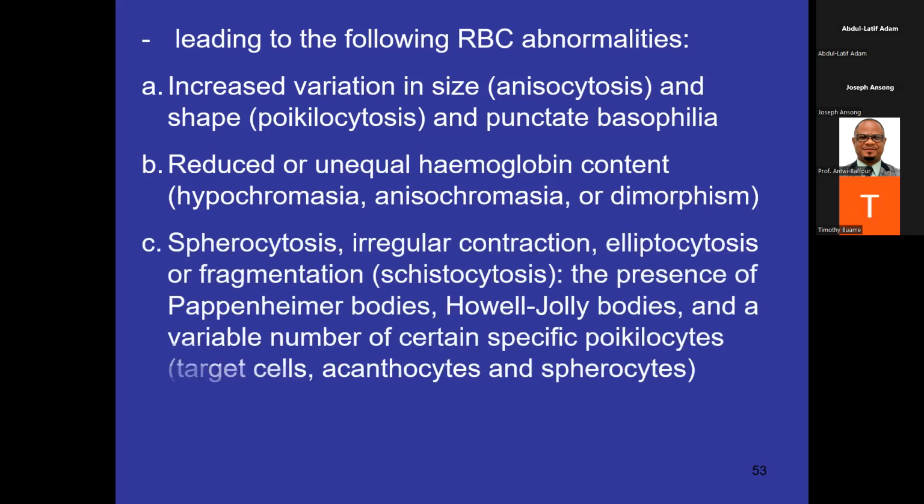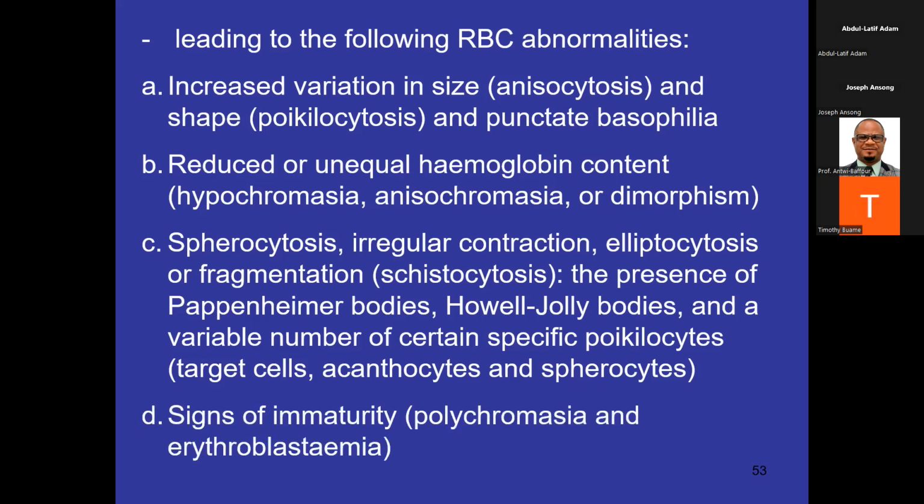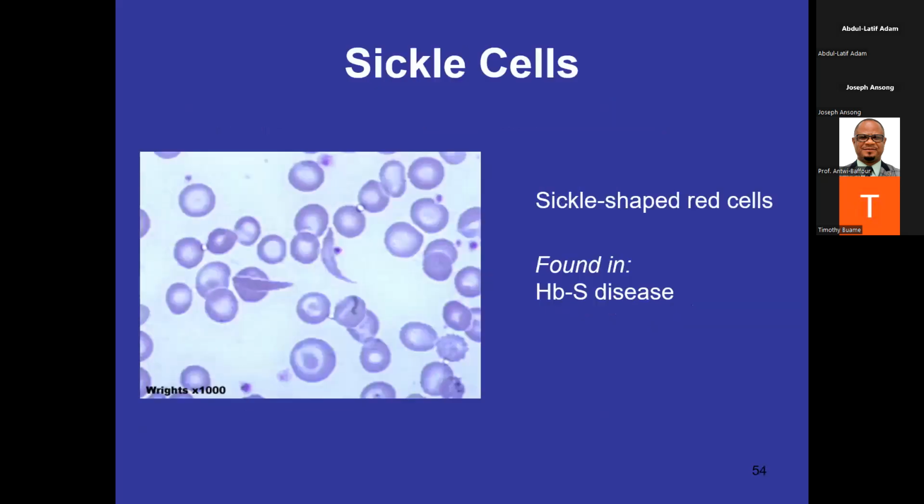So in spherocytosis, there is irregular contraction, then the presence of abnormal bodies from a variable number of spherocytes. We see target cells, and spherocytes. We know these conditions. Then signs of immaturity are that you see polychromasia and erythroblastemia, young red cells in the blood. Okay.